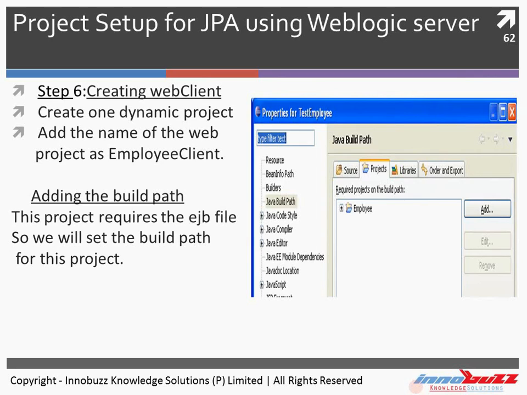For doing that, select the web client project and go to Java build path, and add the EJB project. In our demonstration, it is employee. So this EJB project should be added in your web client project.